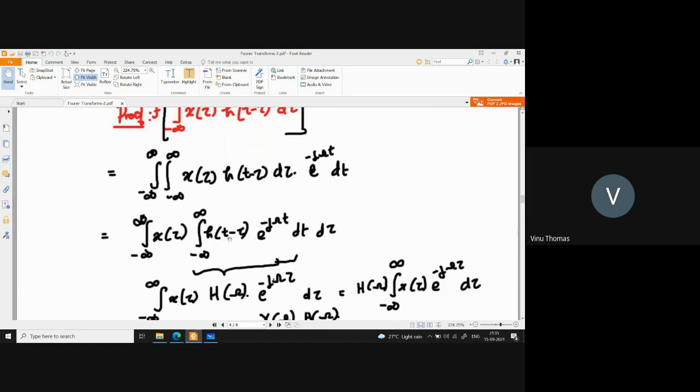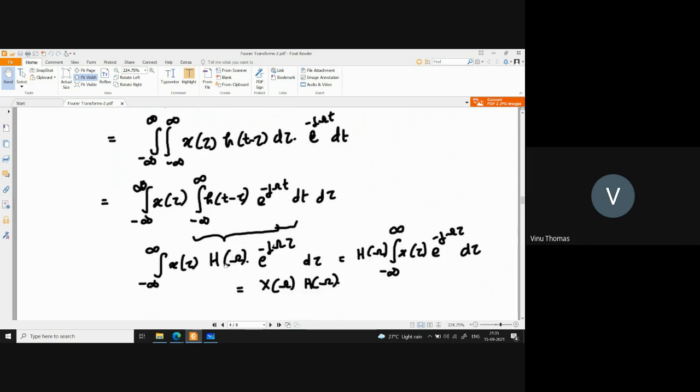Now if you assume that h of t has a Fourier transform given by H of omega, we will apply the time shifting property and write this as H of omega into e raised to minus j omega tau. So here you have the integral of x of tau H of omega e raised to minus j omega tau d tau.